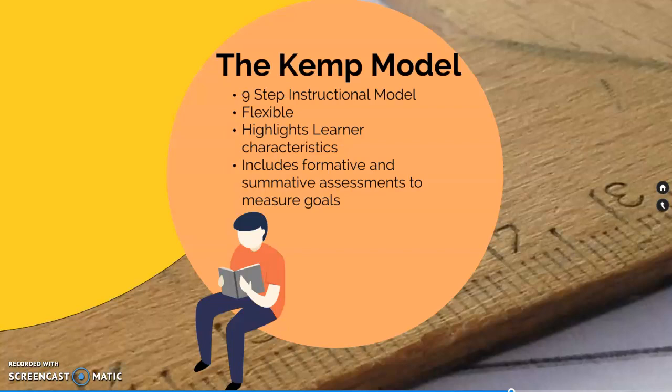One thing that I also like about the Kemp model that I felt aligned really well with this lesson is that it includes formative and summative assessments that track those measurable learning outcomes, which is part of the 9th step in that process, as well as the first and second step of our learning outcomes.